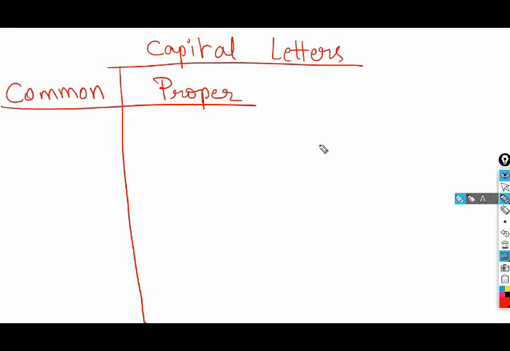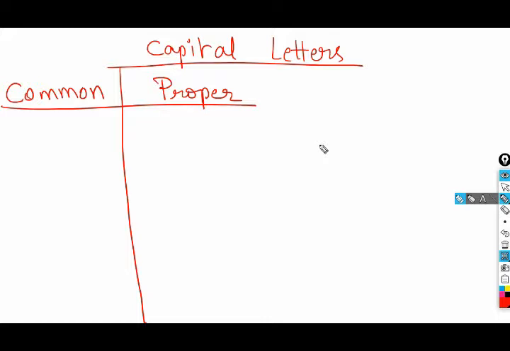I'm going to dictate a few words to you, and you will have to decide whether those words fall under common noun or proper noun. Some of those can come under common noun and some under proper noun. One thing you have to remember is that a proper noun is always supposed to start with a capital letter, whether it has come in the beginning, middle or ending of the sentence.